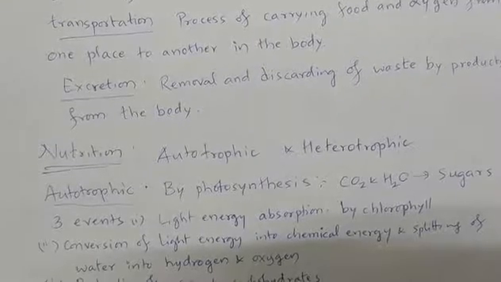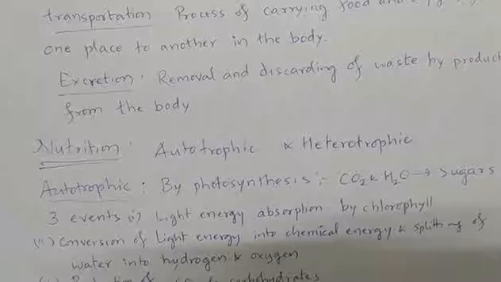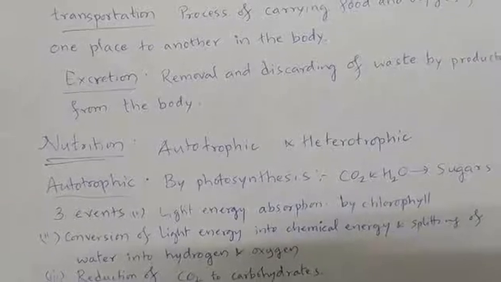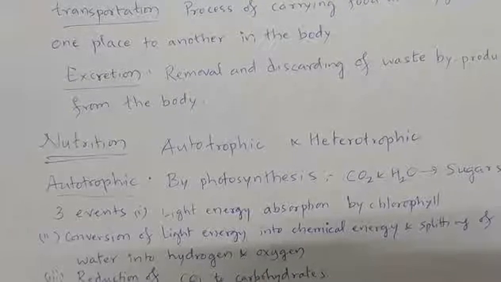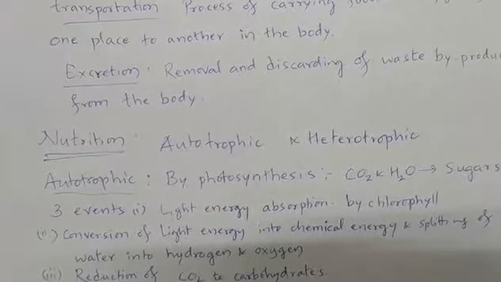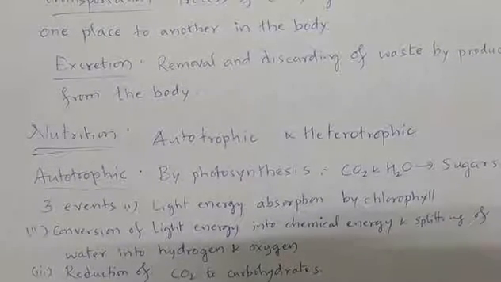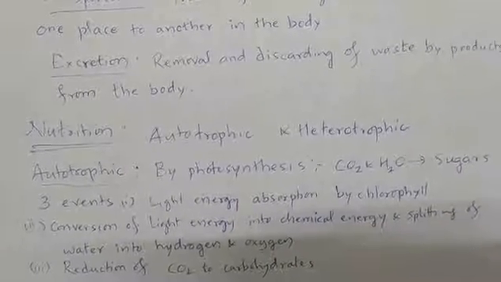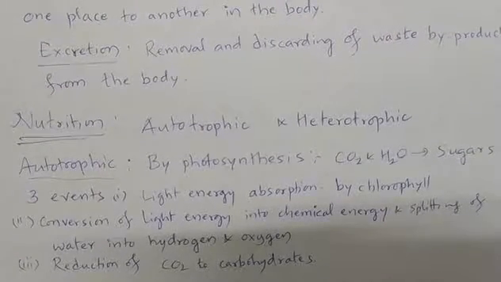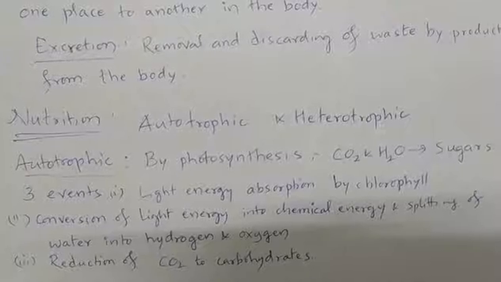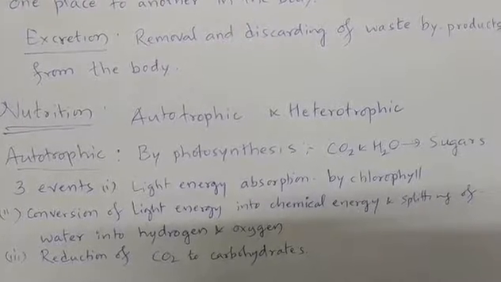Autotrophic nutrition is carried out by photosynthesis. In autotrophic nutrition, carbon dioxide and water are combined to produce sugars. There are 3 events taking place in this process. First event is absorption of light energy by chlorophyll.